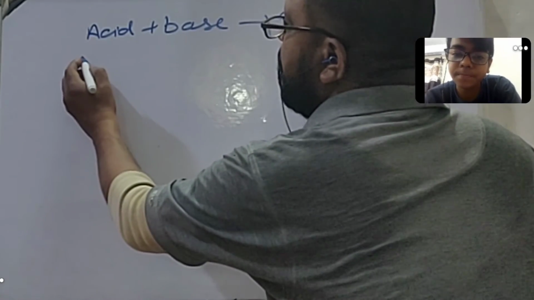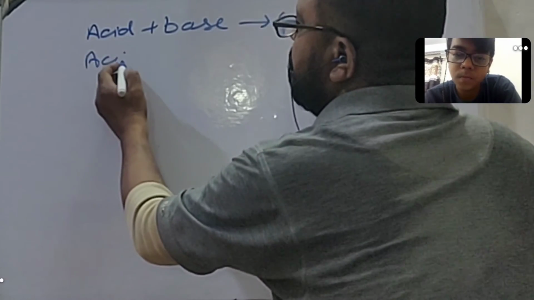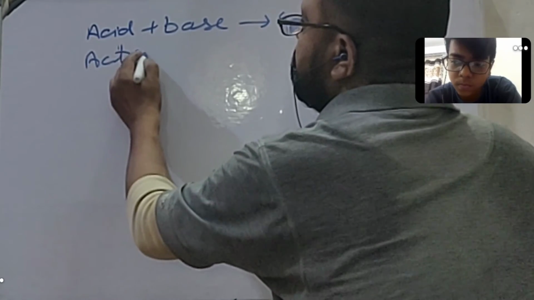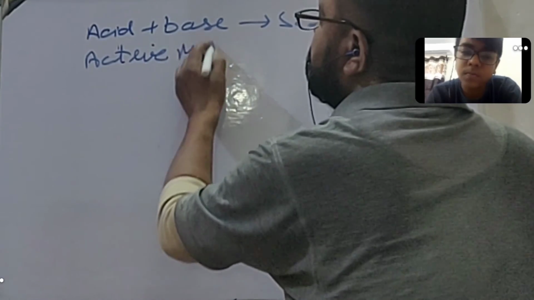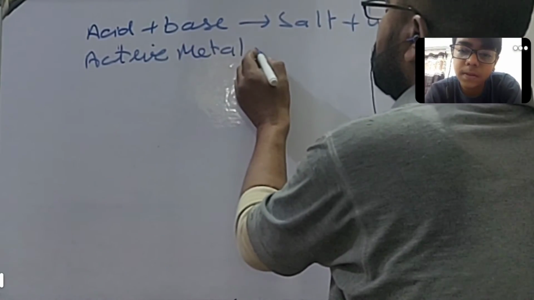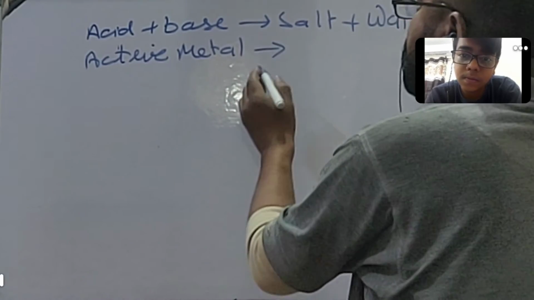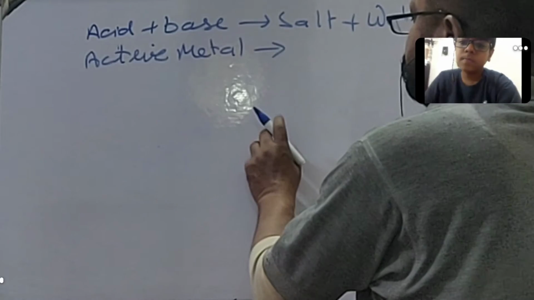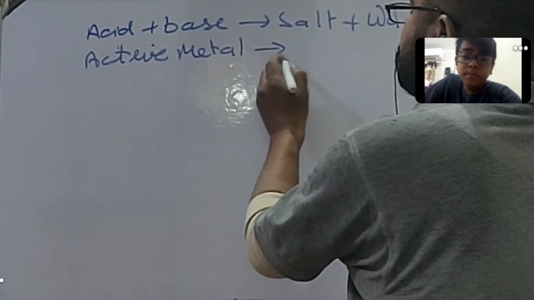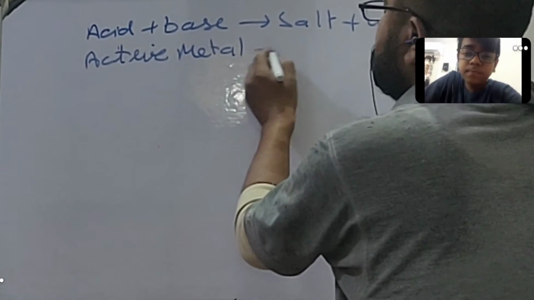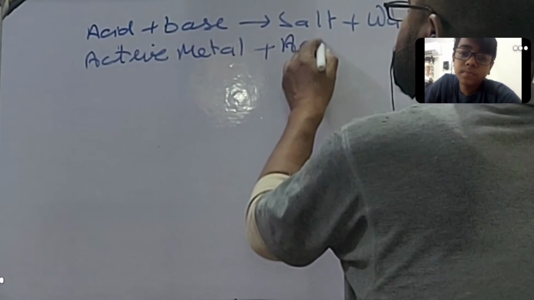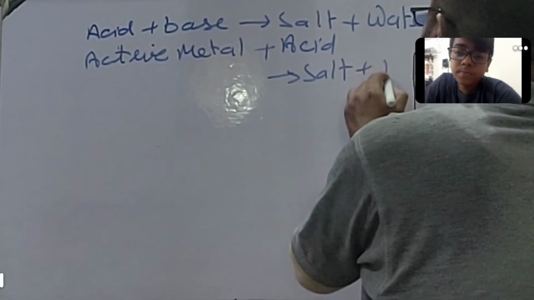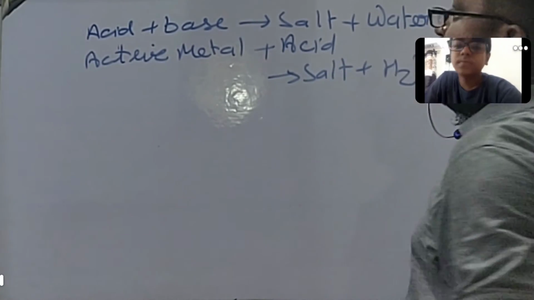And next is active metals. Active metals plus acid gives us salt plus hydrogen gas.